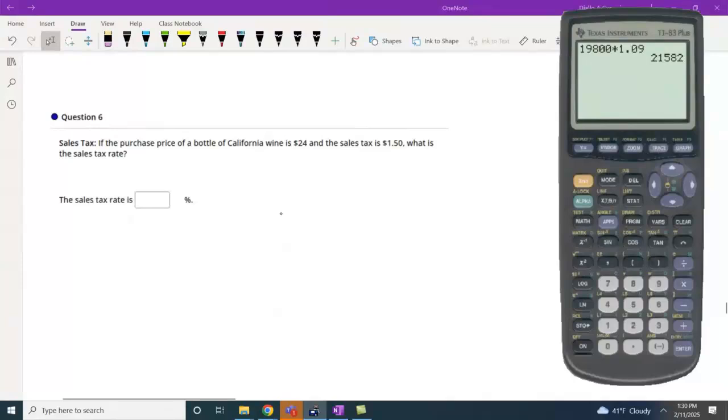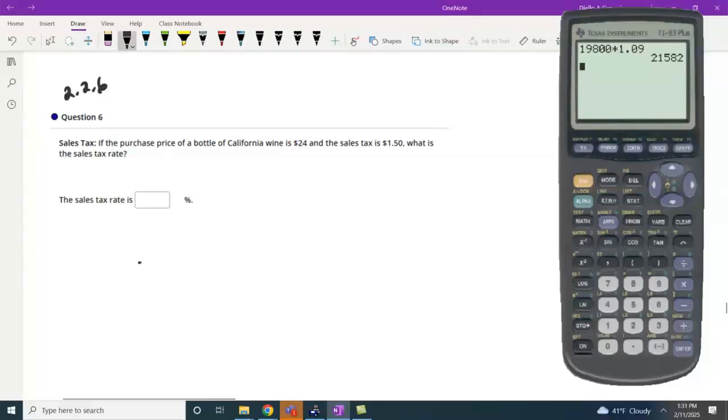All right, here is number 6, and this is 2.2, problem number 6. So here it says sales tax. If the purchase price of a bottle of California wine is $24, and the sales tax, so this is not the tax rate, this is the actual sales tax amount, is $1.50, then what is the sales tax rate?